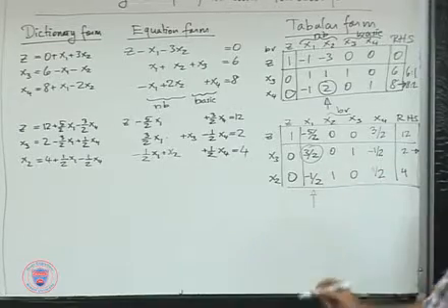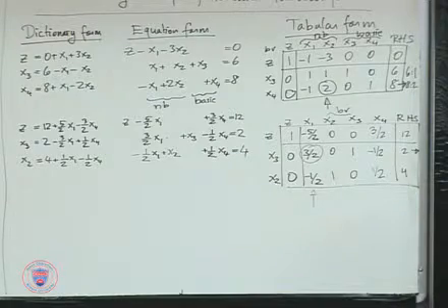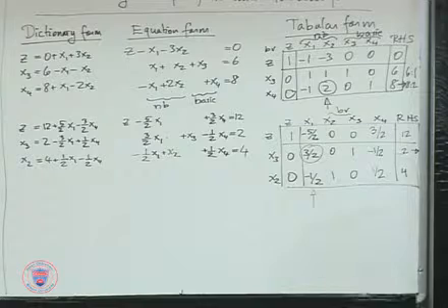Why don't you go ahead and do your pivoting operation and see what you get. Divide the entire pivot row by 3/2.